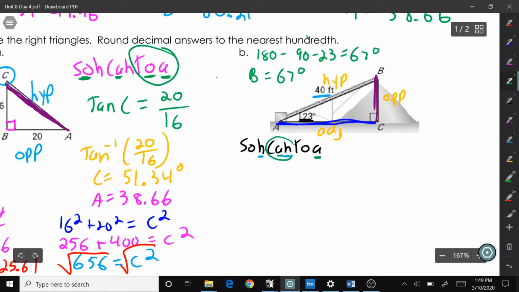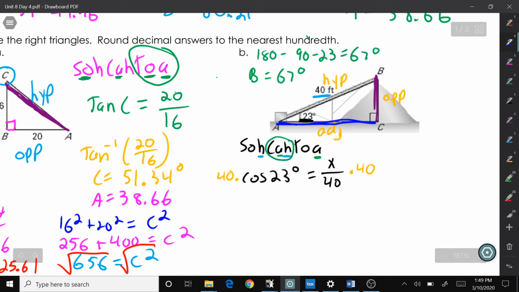So I'm going to use cosine. The cosine of 23 degrees is equal to x, we don't know what that side AC is, over 40. I'm going to multiply both sides by 40.